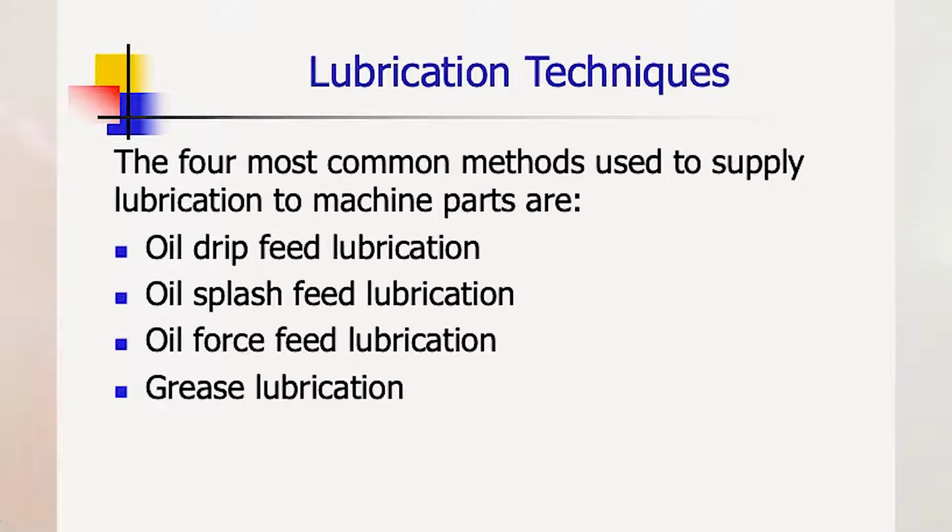The oil drip feed lubrication, as the name implies, is where you have an arrangement or a system where your lubricating oil is allowed to drip, comes in form of drops, and falls on the surfaces that need to be lubricated, and it could be well timed. You could use timers to time the rate of discharge.